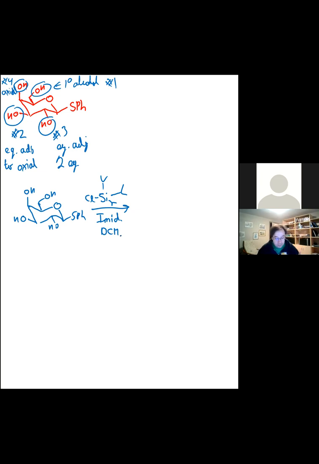So we can take advantage of that because it's bulky, it needs space. The primary alcohol's got space because it's primary. So we can actually selectively, with one equivalent of this, put the TIPS on the primary.